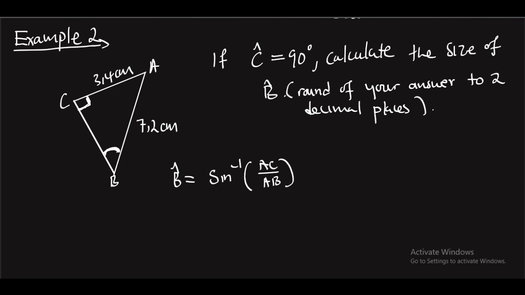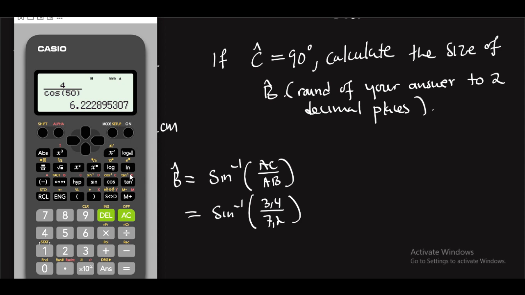Then we substitute AC, which is 3.4 centimeters, and AB, which is 7.2 centimeters, and we press the machine there.